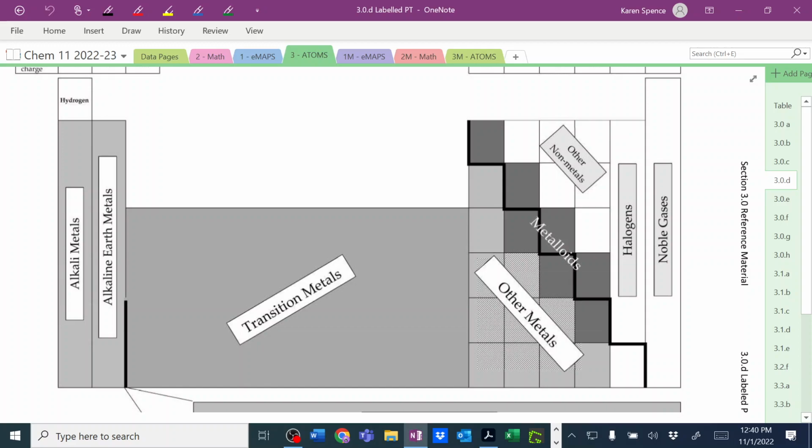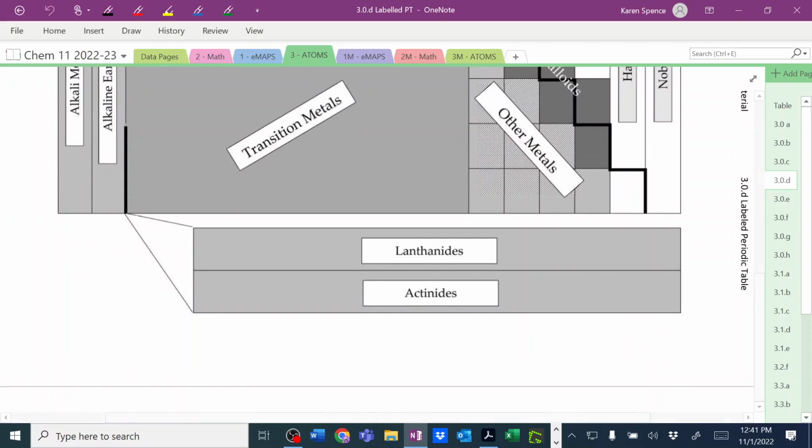We have our alkali metals, alkaline earth metals, transition metals, and other metals. They don't have a name, okay? There's other metals. So metals, metals, metals, metals, and in fact, these guys down here, also metals. So most of your periodic table is made of metals.